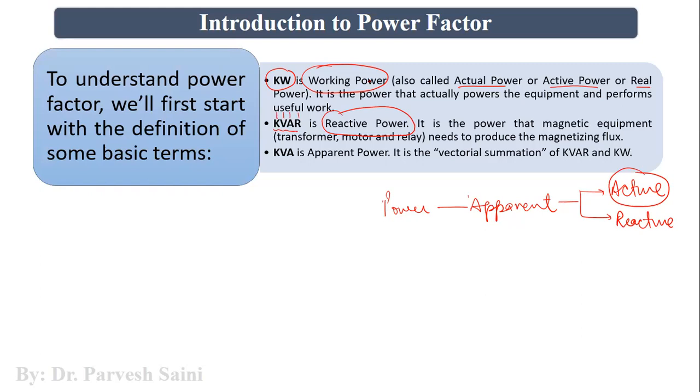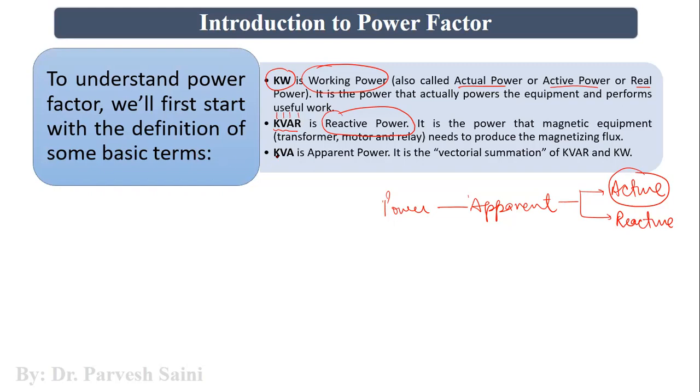So we have the working power, we have the volt ampere reactive, which is nothing but the reactive power, right? And this power, as I said, is because of the reactive components connected into the system, specifically the inductors or inductive components, right?